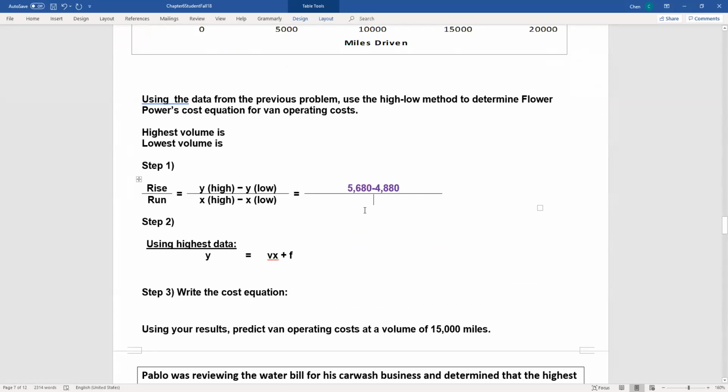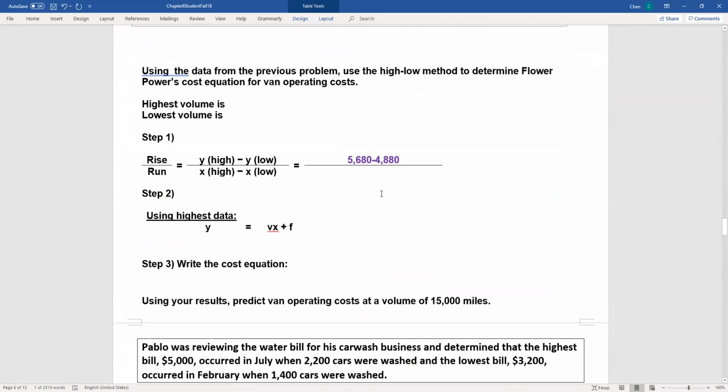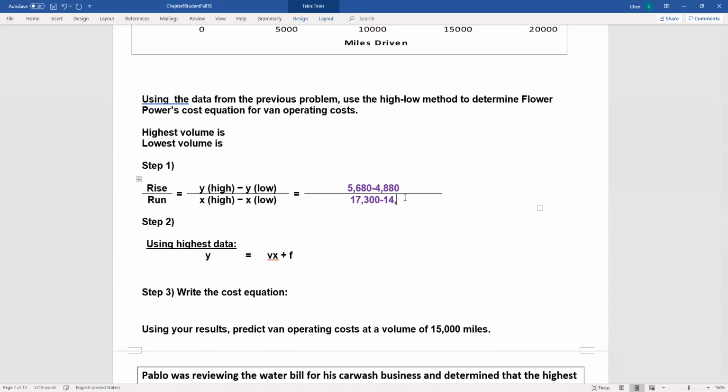And then for the horizontal, X, the highest X is 17,300 and the lowest is 14,100. And after this, we get 25 cents per mile. And this is our V, okay? If you see the equation, this is V, okay?